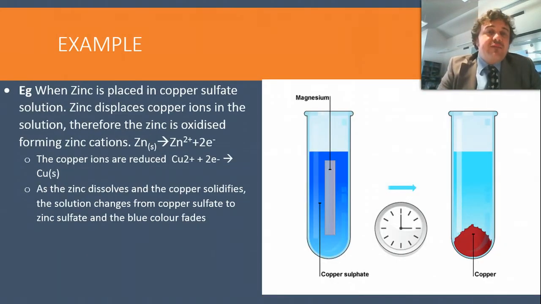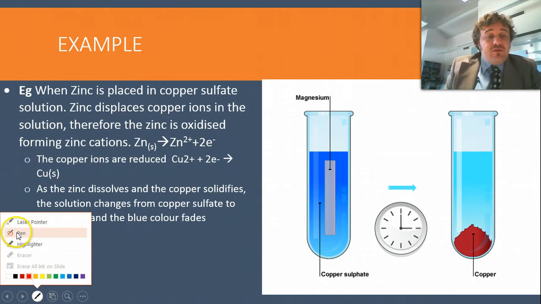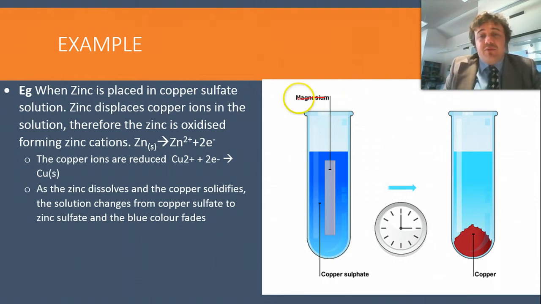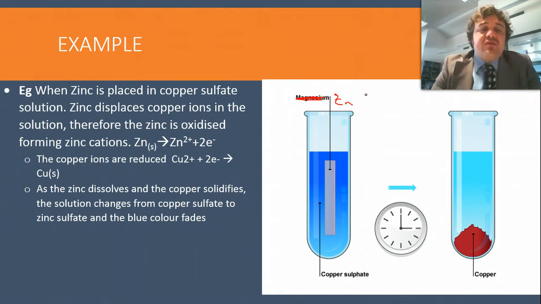So, example. Now this says magnesium, but it could say zinc. If we place zinc in copper sulfate, the zinc displaces the copper ions in solution.